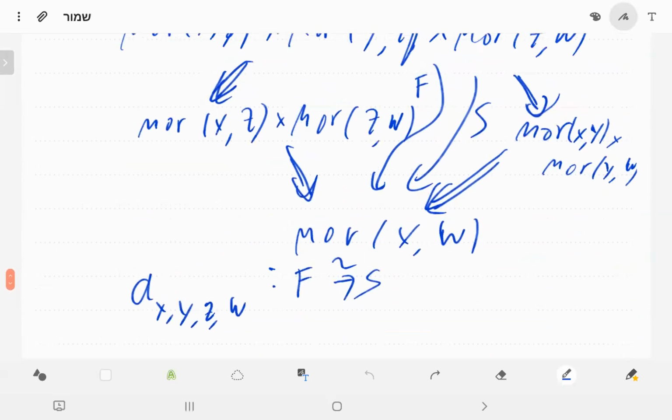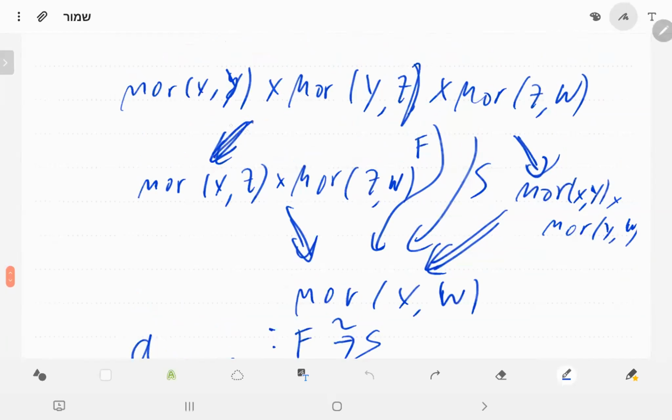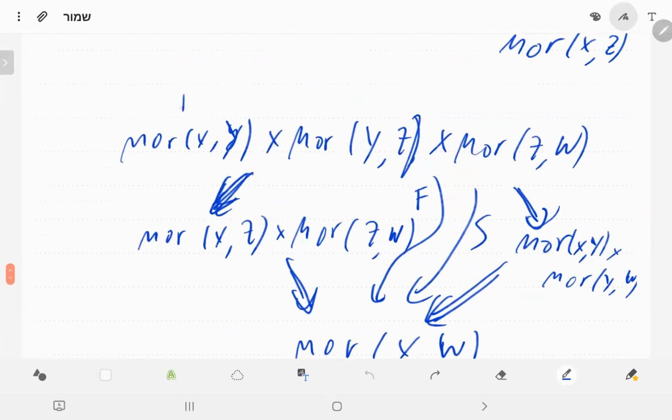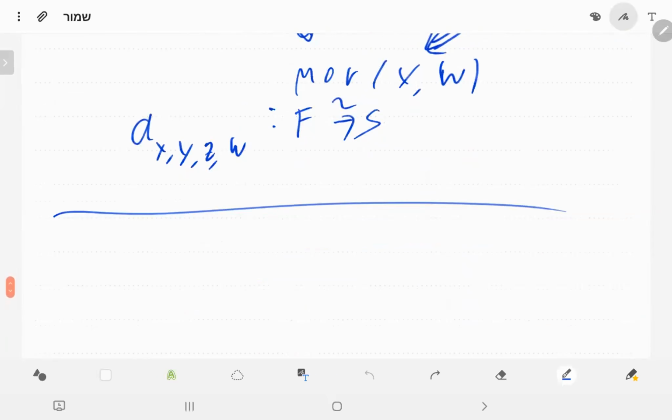So, okay, but I will stop using this cumbersome notation of diagram of categories, and I will just say, assume we have an element here and an element here and an element here, and I will describe it element-wise. I will explain in the end why it's enough.